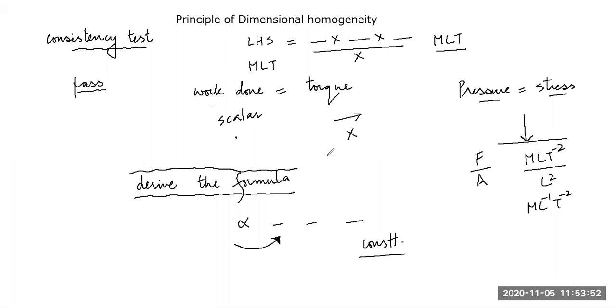For example, the principle of dimensional homogeneity can easily tell us the time period of a pendulum is k root of l by g. It cannot help us find the value of k, whereas by other ways we can find that k is actually equal to 2 pi. Okay, fine.